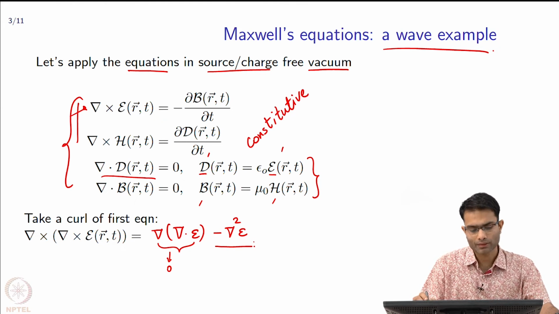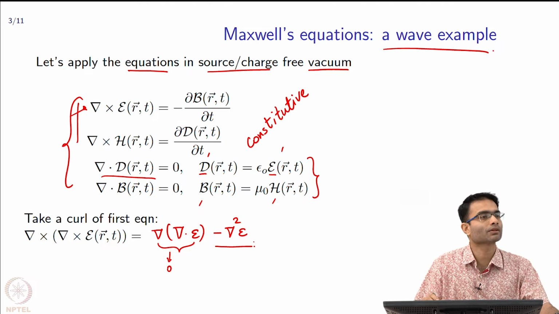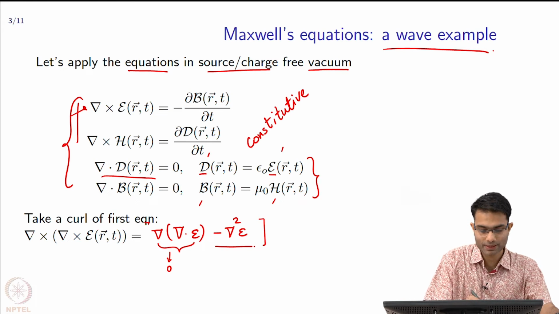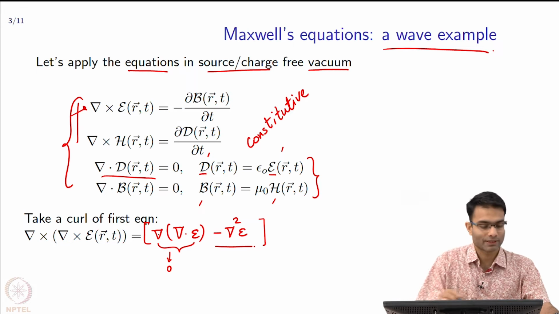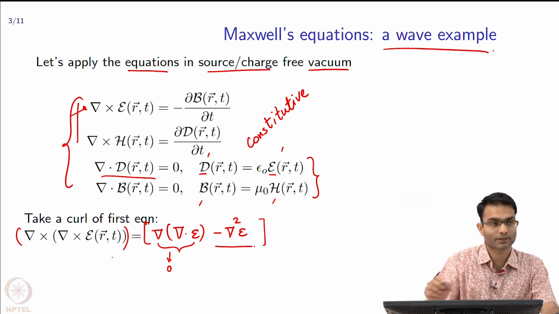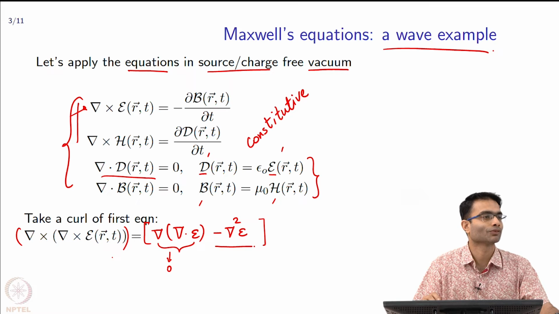Just a quick check, is this expression over here a scalar or a vector? How can a vector be equal to a scalar? The left hand side is clearly a vector, the right hand side therefore is also a vector. Why?